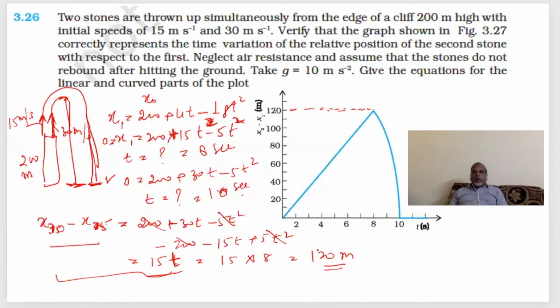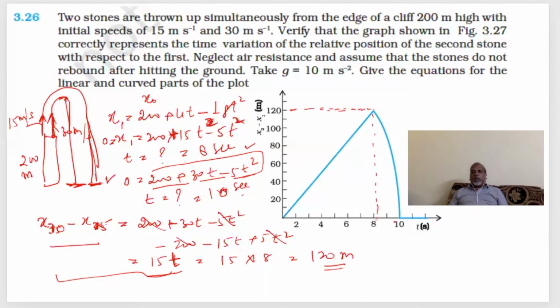After 8 seconds, this stone drops, correct? Now for the remaining 2 seconds, this is the equation, which is of second degree, t square. So it is a parabolic equation. So up to 8 seconds the relative motion is a straight line.